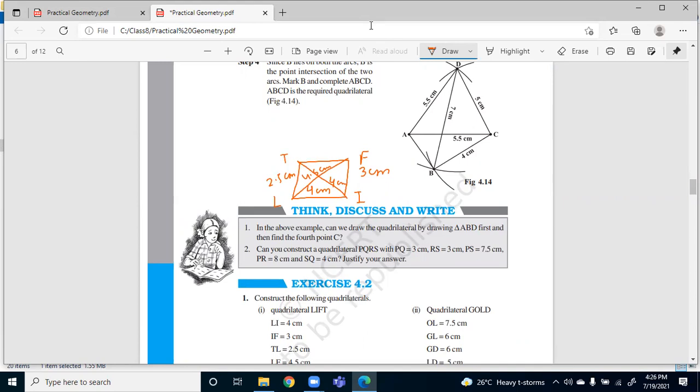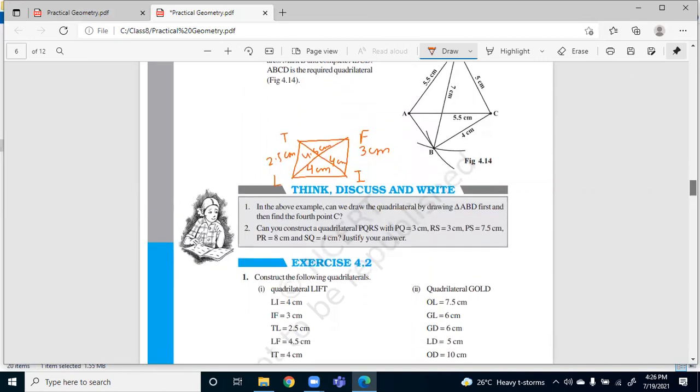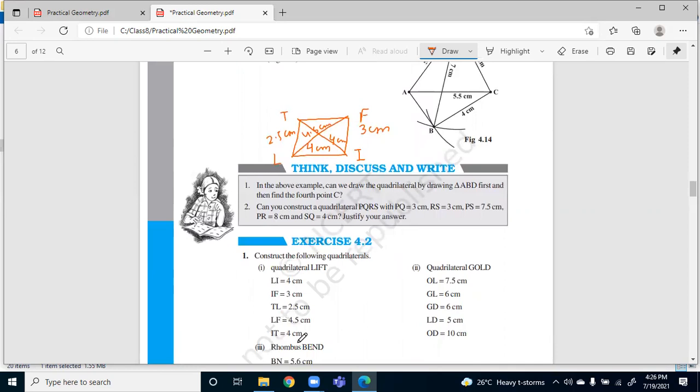So see, if 2 diagonals are given, you have to construct one diagonal first. You can see LF is given as 4.5 centimeter and TI is given as 4 centimeter.